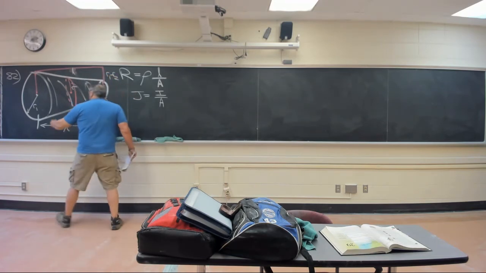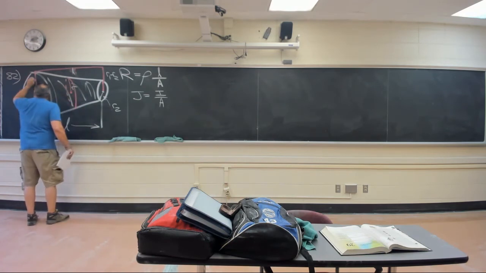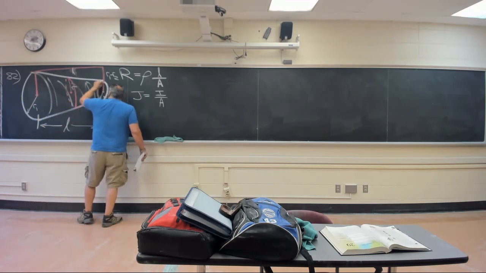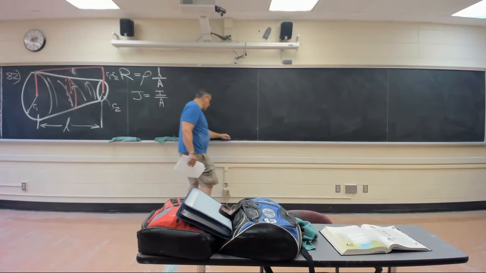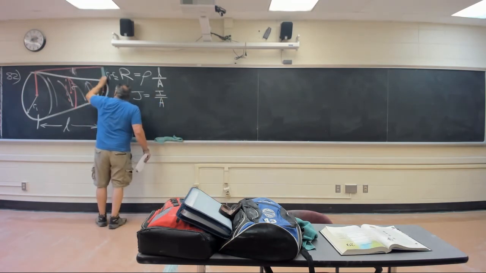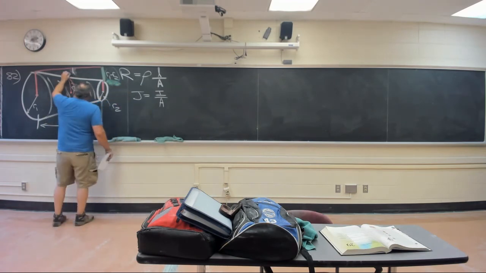In other words, this thing was height R1, and this thing is height R2. And the difference between the two is this. It dropped R1 minus R2, and it ran L.